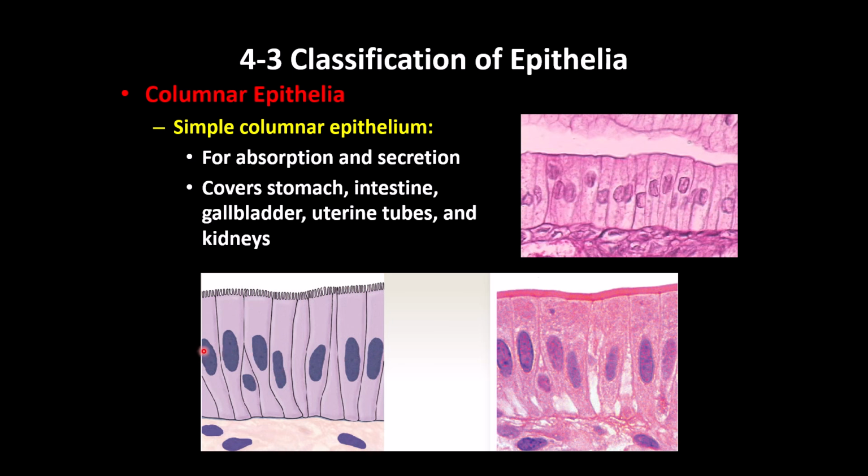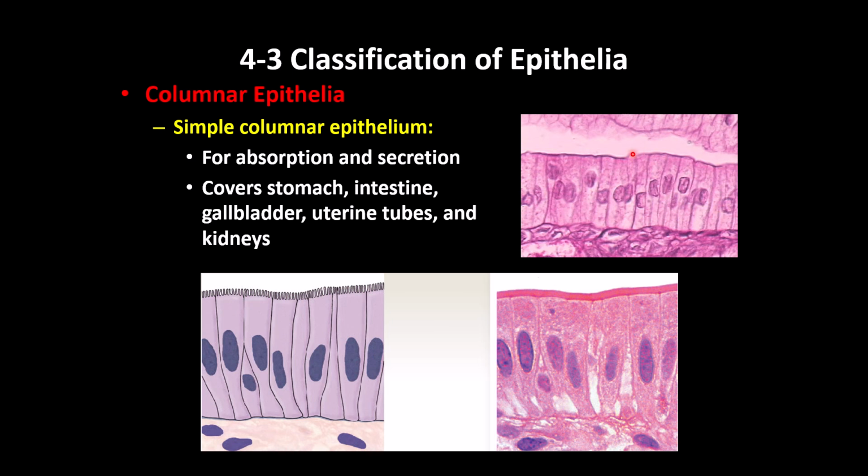Okay, in the middle. So usually this is a simple columnar. In the middle you have the nucleus, because there's another type of columnar epithelium that is a little bit different.